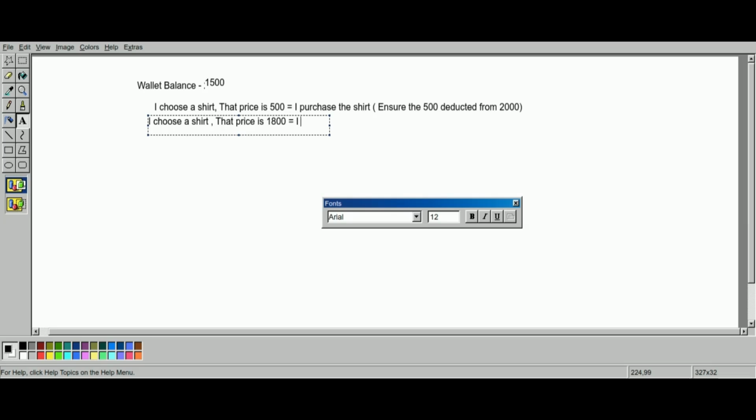Okay, and I purchase the shirt using wallet balance and ensure the display will be: you have not enough balance.